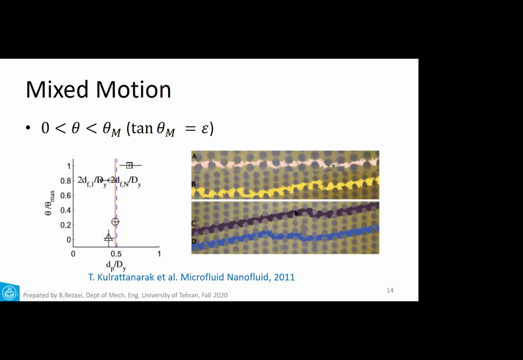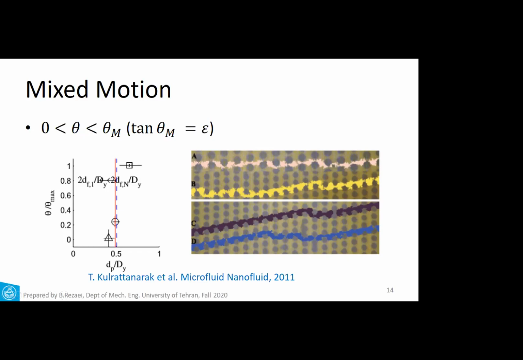In each lane, the particles should go to the next lane. But you can see in B and C that these particles have not been completely displaced, nor do they zigzag.